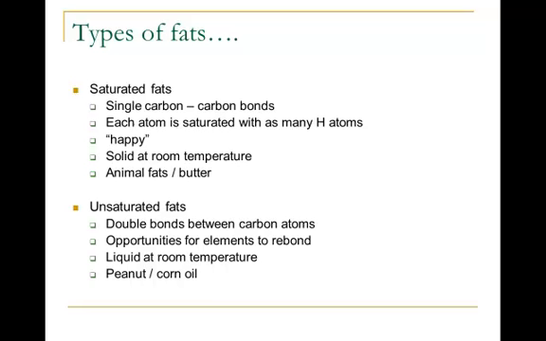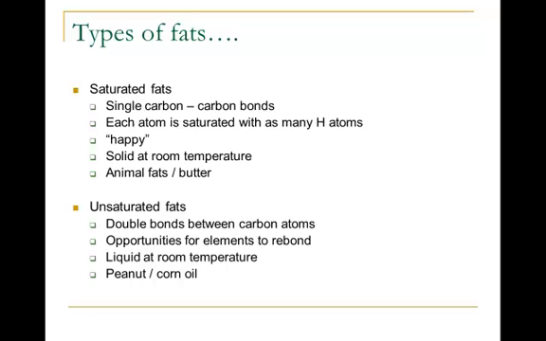In other words, they're very structurally sound, or they're happy. Their valency is such that they're not going to separate. Generally speaking, in our diet, these are foods that are solid at room temperature. Not always, but most often, like animal fats. So the marbling in meat, butter is a good example.